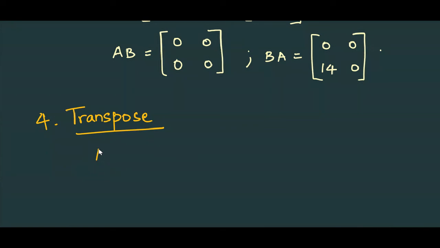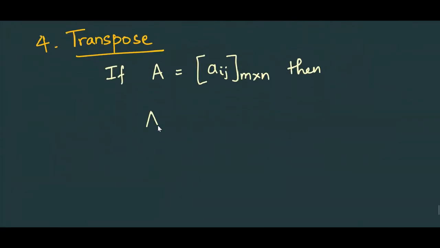So if A is an m by n matrix, then A transpose is defined as a_ji, n by m.